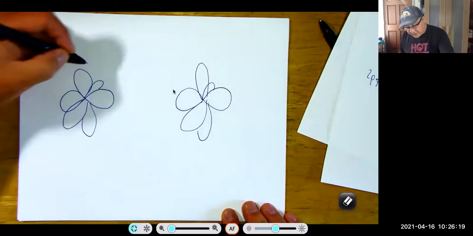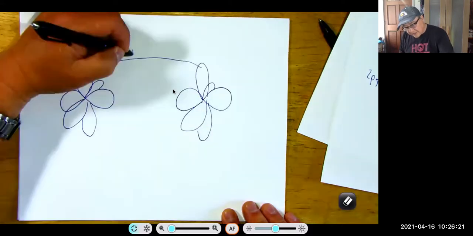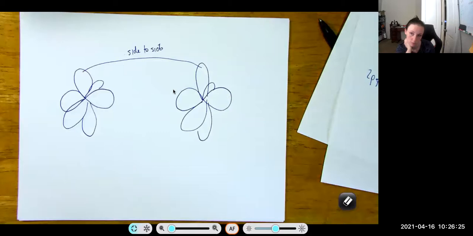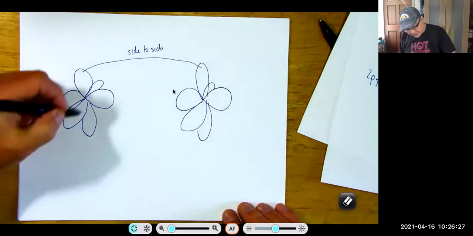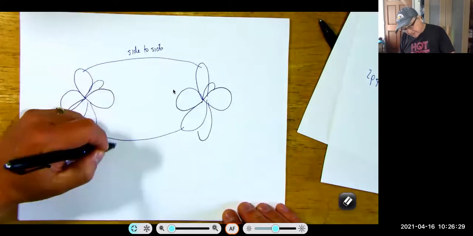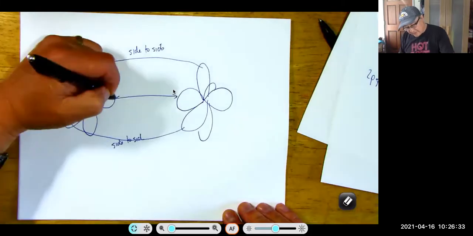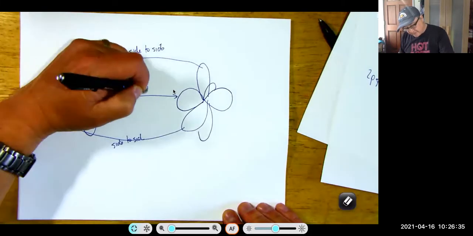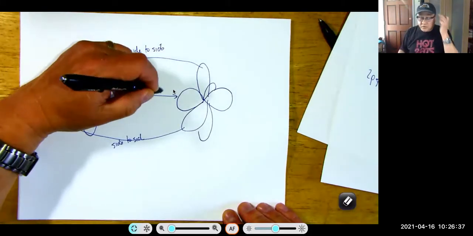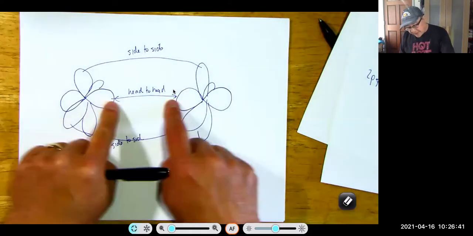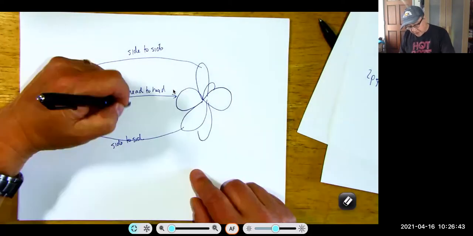can you see how these 2 are side to side? If these 2 atoms come together and make MOs, these 2 are side to side, and these 2 are head to head. So when these 2 are head to head and they make MOs, you're going to get a sigma and a sigma star.